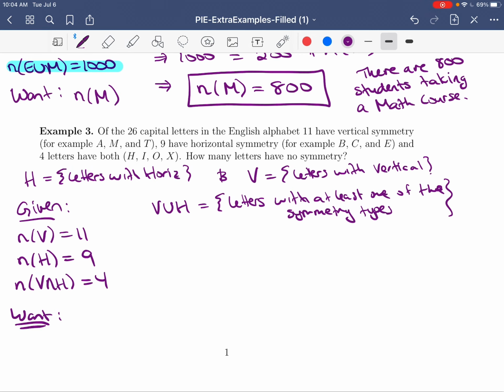So if I want to know how many have no symmetry, I want to know how many are not in the union, right? Because the union has all the letters that have some symmetry. So what we want is the number in the complement of the union. We can find that by first finding the number in the union.